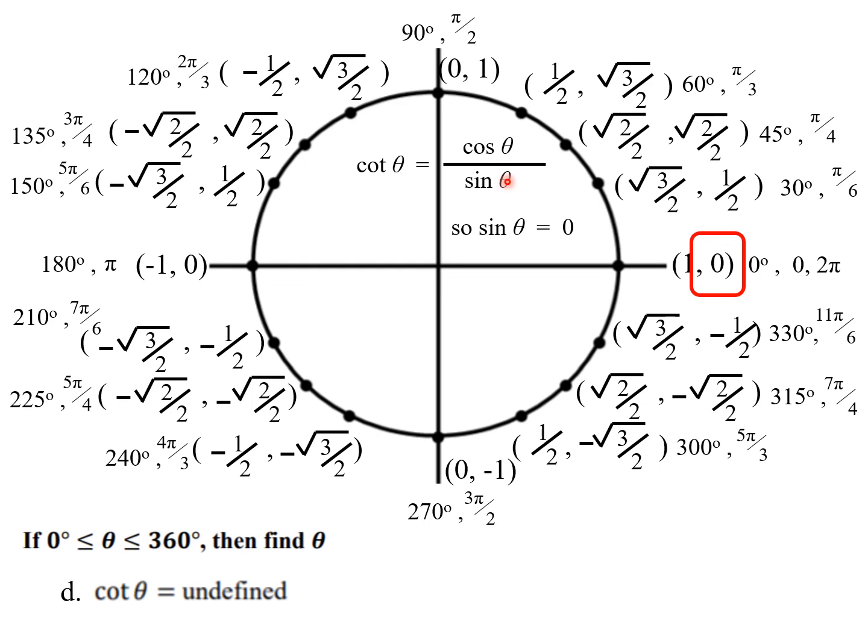There's one. And there's one. So this corresponds to 0 degrees and 180 degrees. So that's 9.2 stuff.